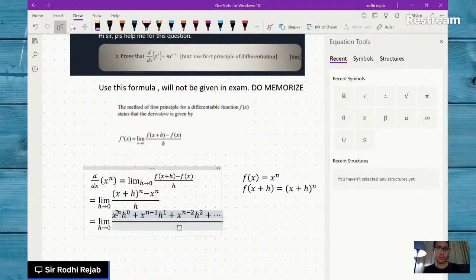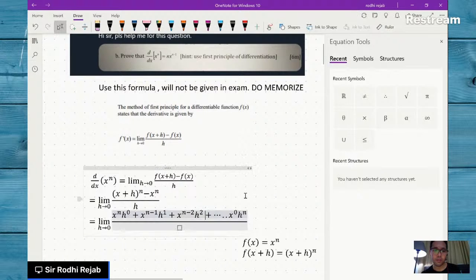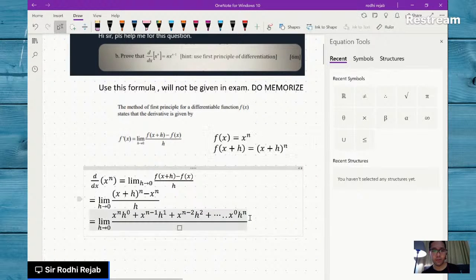It's a binomial pattern, a binomial expansion. This question is damn difficult because you're trying to prove the formula, so that's why it's super hard.